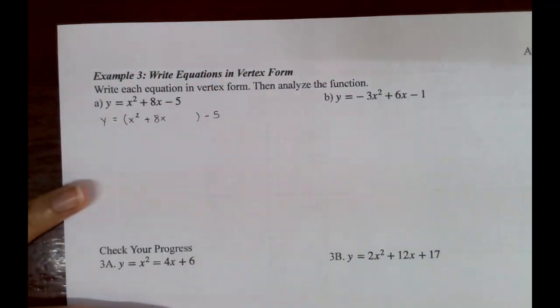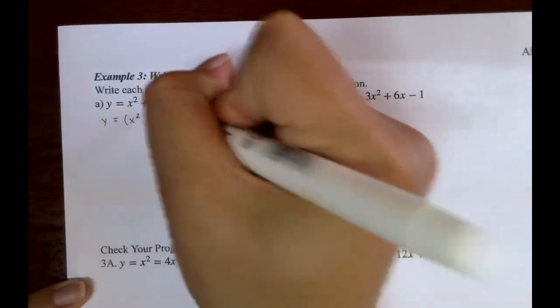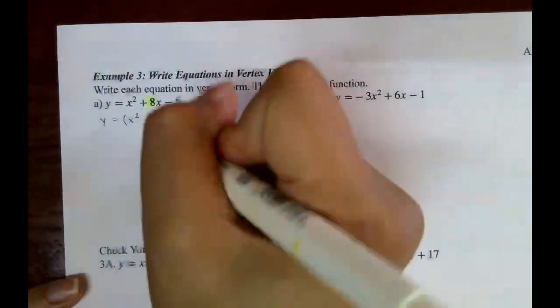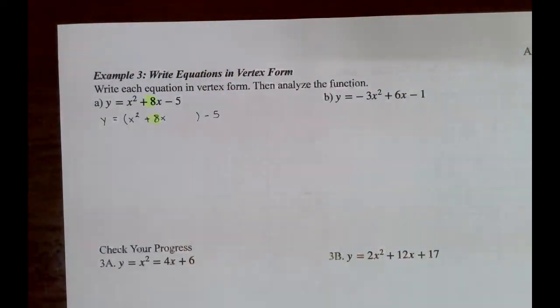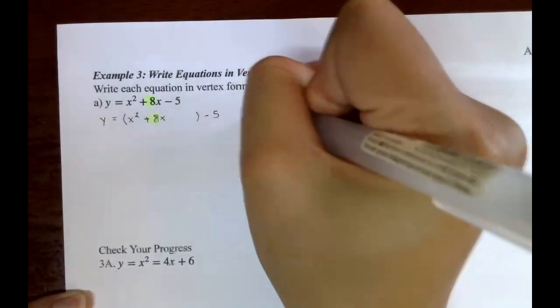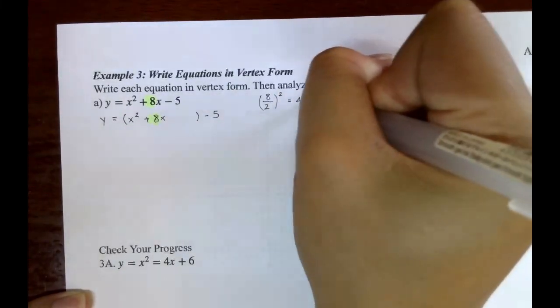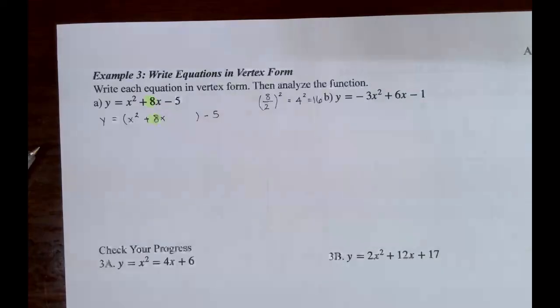Okay? Then what you're going to do is take b again. So in this case, that's 8. We're going to divide it by 2 and square it. Okay? 8 divided by 2 is 4, and 4 squared is 16.